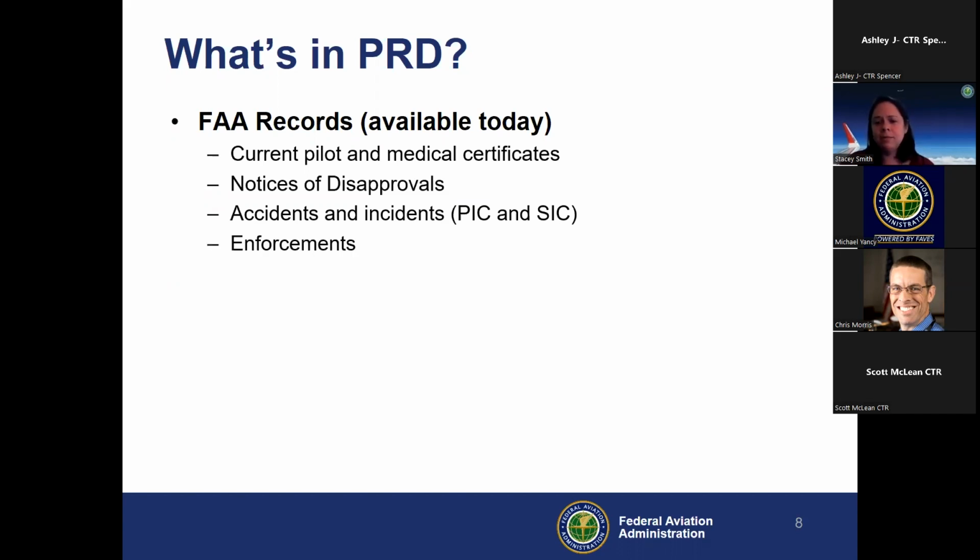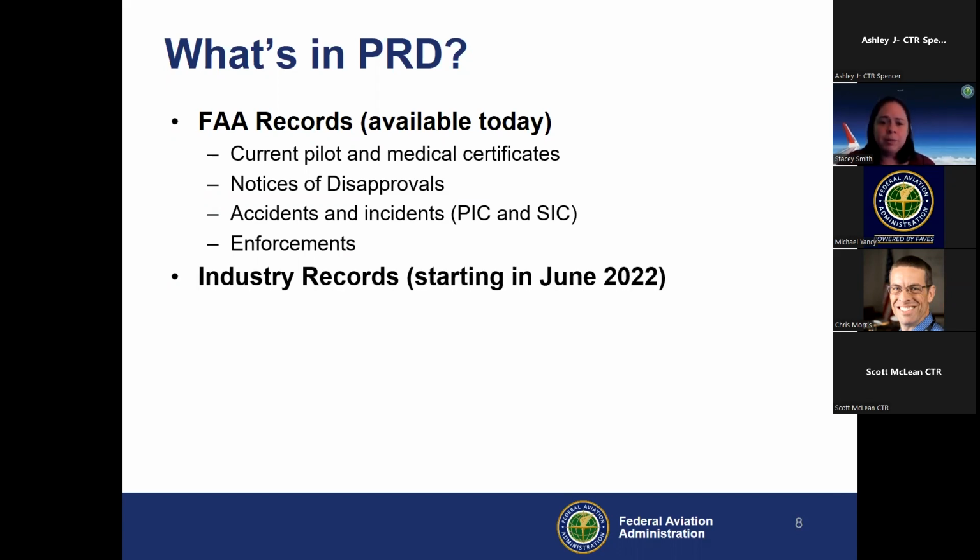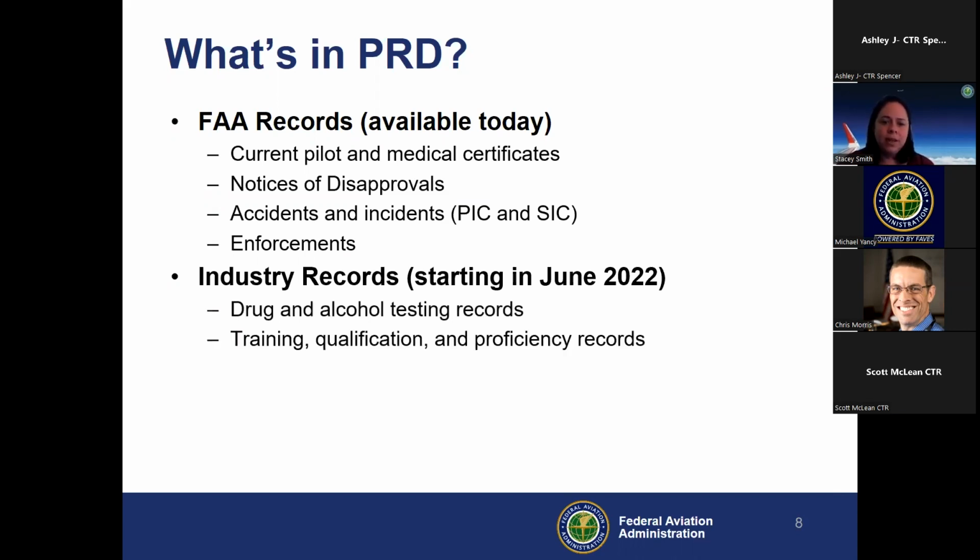Starting next month, which is right around the corner, the PRD's capabilities will expand to include industry records: drug and alcohol testing records, training qualification and proficiency records, final disciplinary action records, and final separation from employment records.